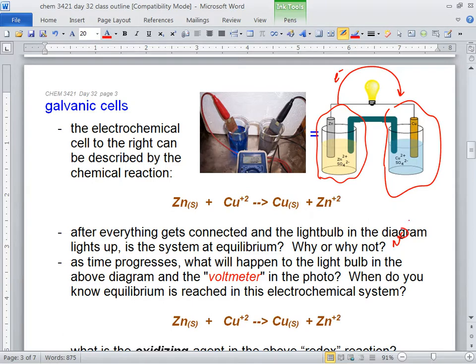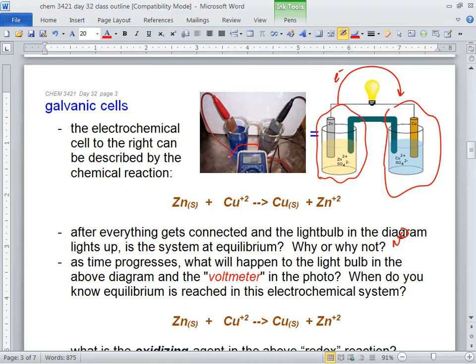No, the reaction's progressing. You're going to start out with a nice bright light bulb, a lot of reactants, high concentration. Time progresses, light bulb gets dimmer. How about the voltmeter? Where's the voltmeter in that picture?